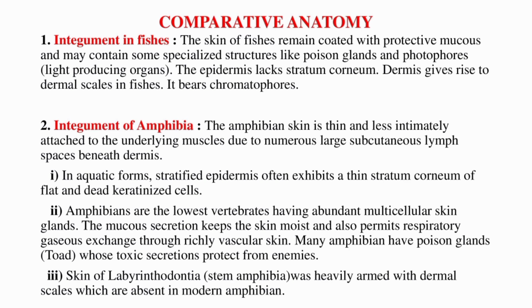The mucus secretion keeps the skin moist and also permits respiratory gaseous exchange through richly vascular skin. Many amphibians have poison glands whose toxic secretions protect from enemies. Skin of Labyrinthodontia was heavily armed with dermal scales, which are absent in modern amphibians.